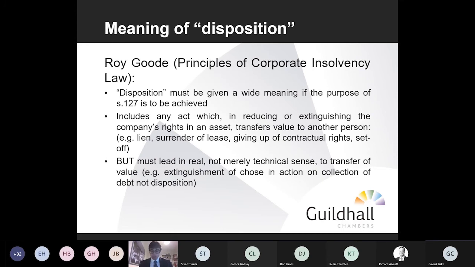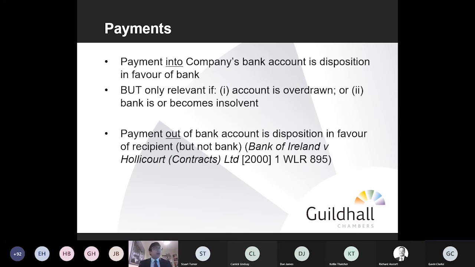But of course, it would be nonsense to suggest that that's a disposition of property, because the company receives the physical money in cash. So that is the landscape as set out by the academics.